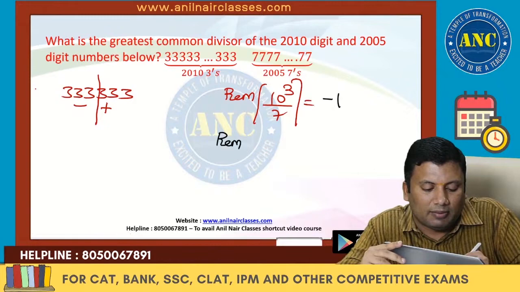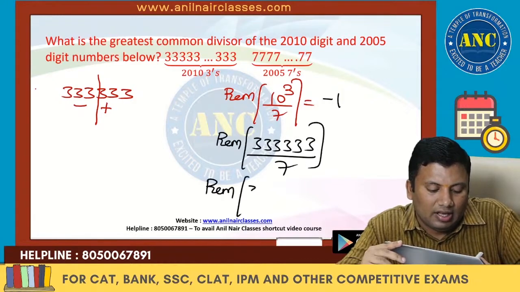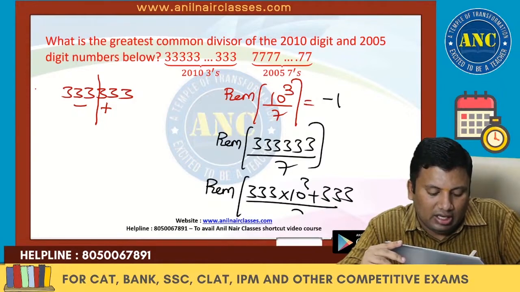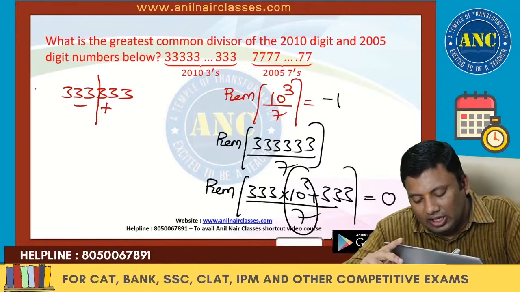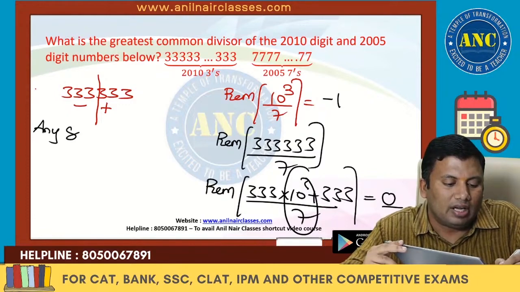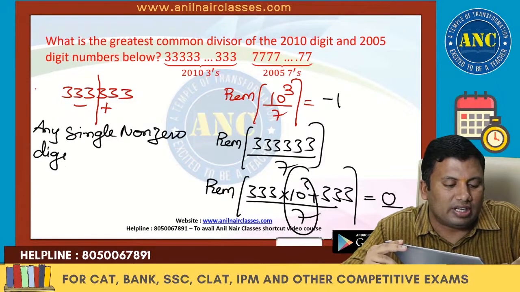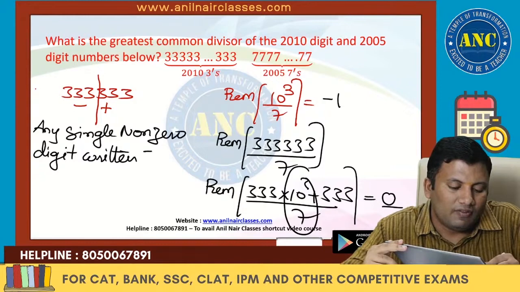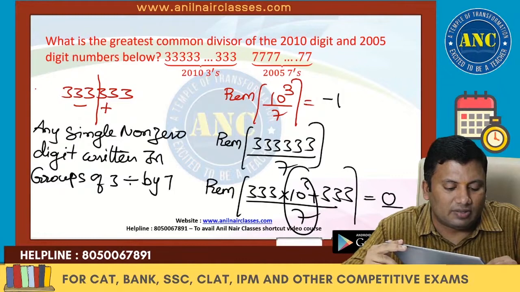So if I take 333 divided by 7, this is 333 into 10 cube plus 333 divided by 7. 10 cube by 7 is minus 1, so minus 333 plus 333 is 0. Please write down this important point. Any single non-zero digit written in groups of 3 is always divisible by 7.